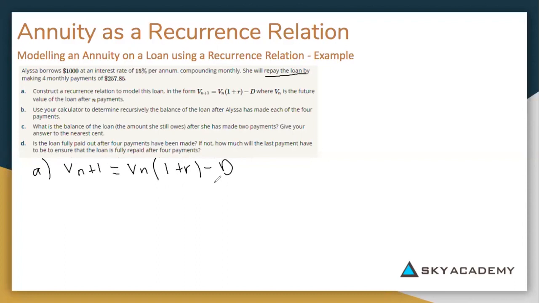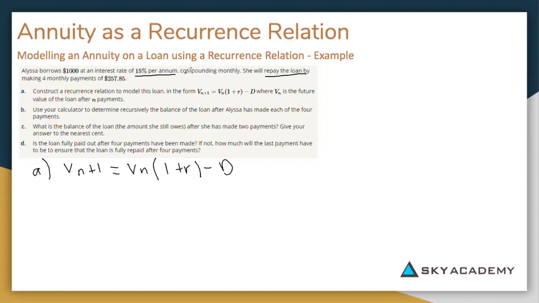Our second step is to substitute our rate into the formula. To calculate the rate, we need to look at what the rate is. The rate is 15% per annum, which means 15% per year.